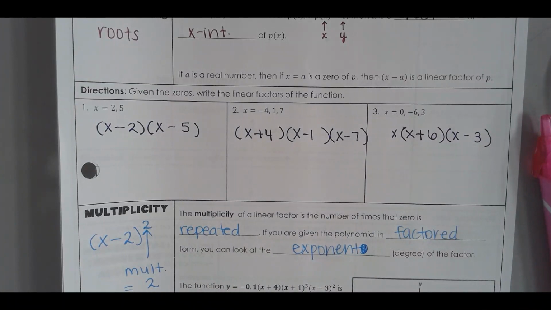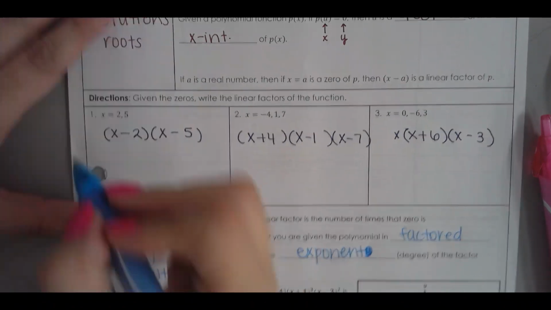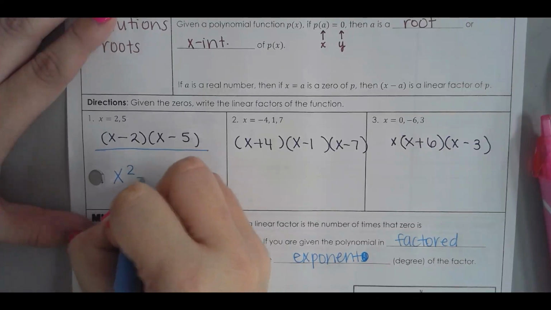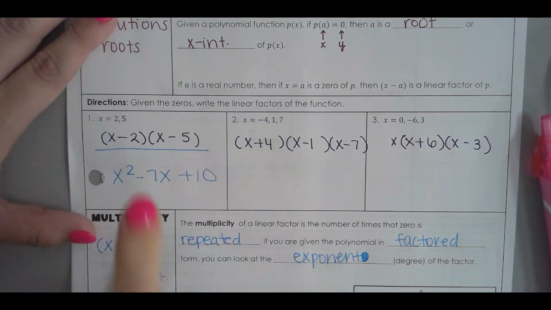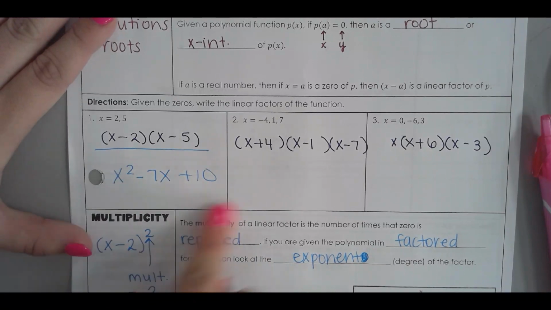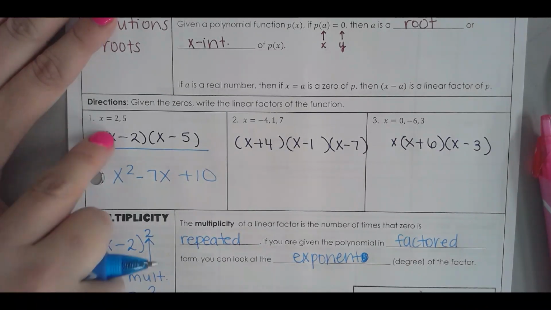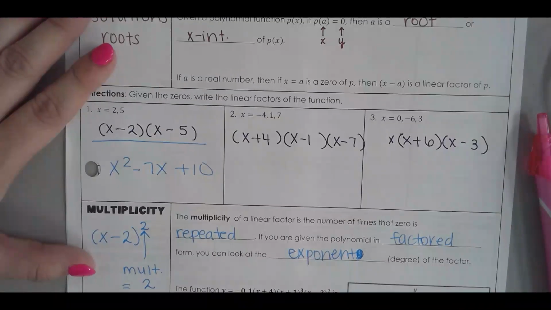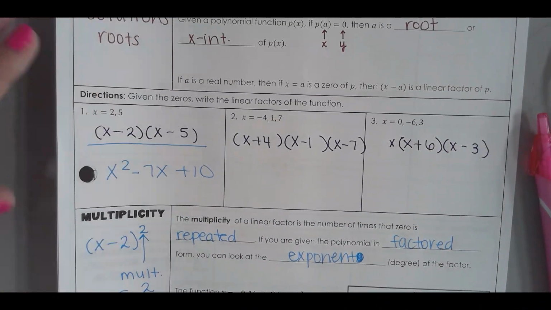So you can only tell the multiplicity if the polynomial is factored. If it looks like this, that is not in factored form. You cannot tell the multiplicity right here. It has to be factored. So you look at the exponent of each factor, which would tell you the multiplicity.